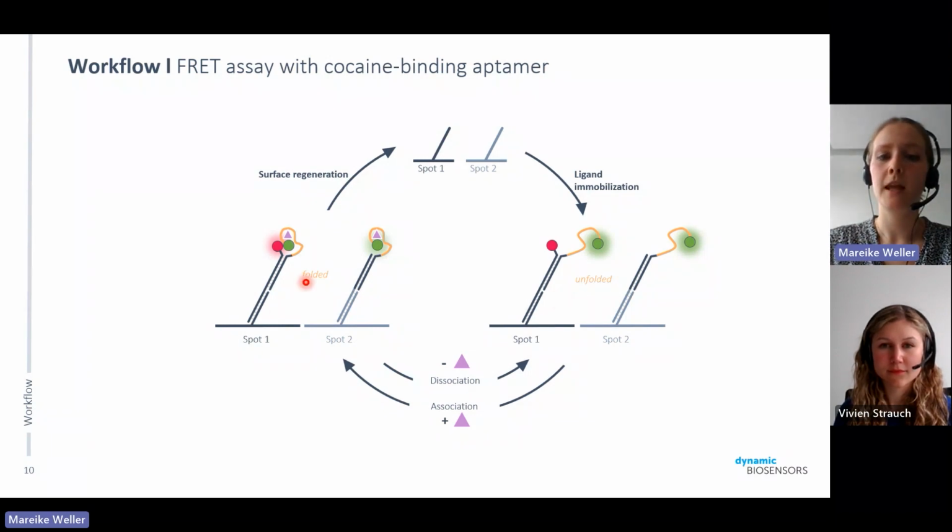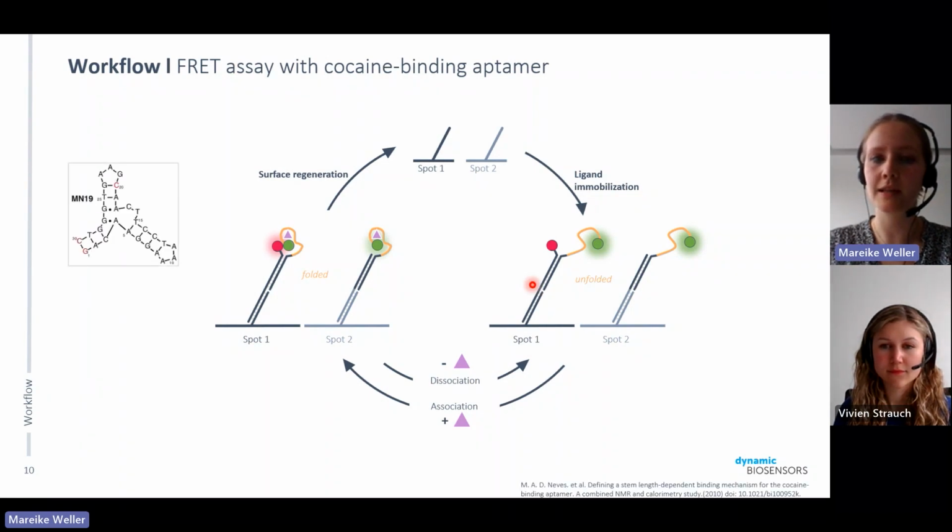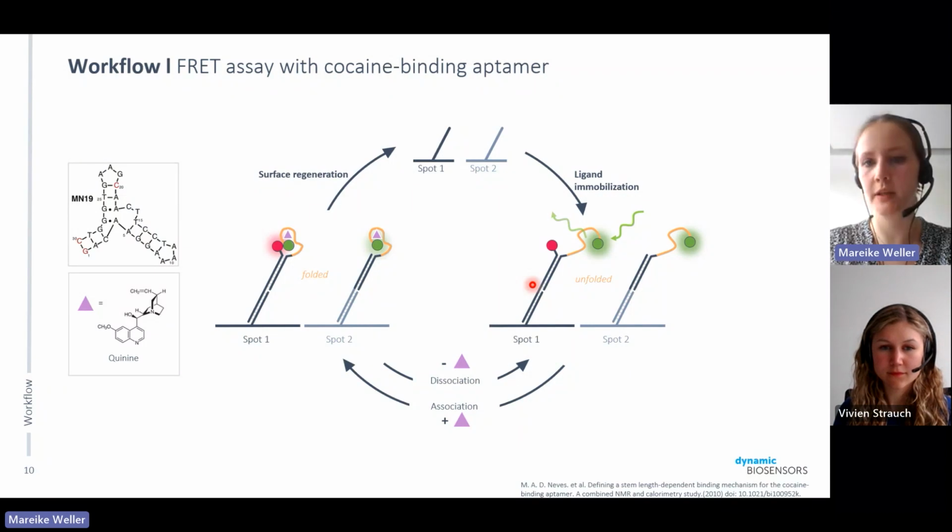So if the aptamer is unfolded and we excite, then we would get the emission in green. If now the small molecule comes in and leads to a conformational change that would bring the dyes closer together, and we would also only excite with green, we would get a transfer of the energy and could see a red signal.